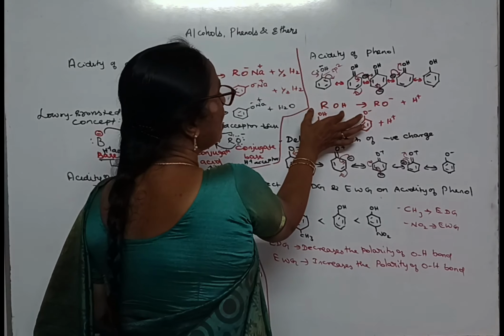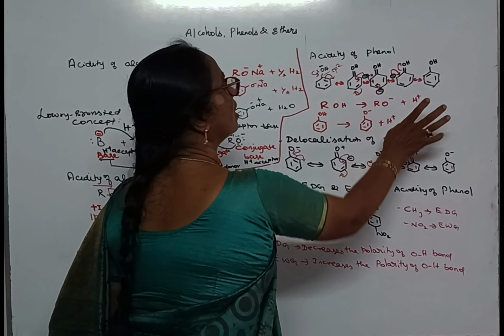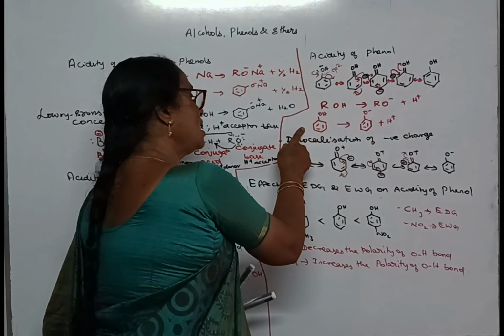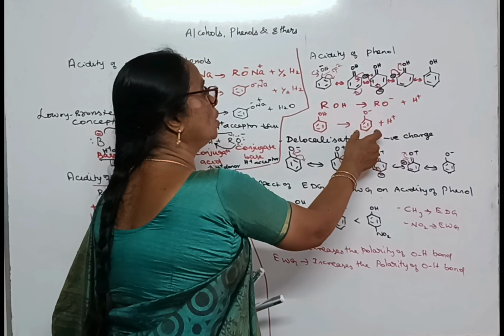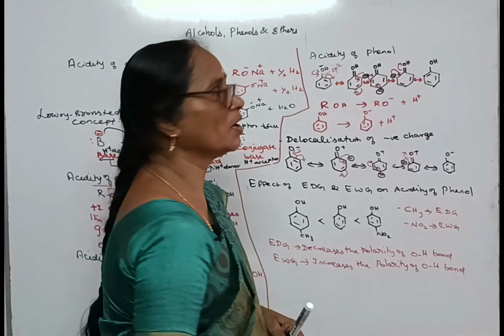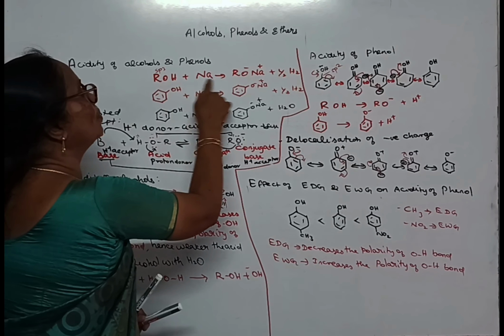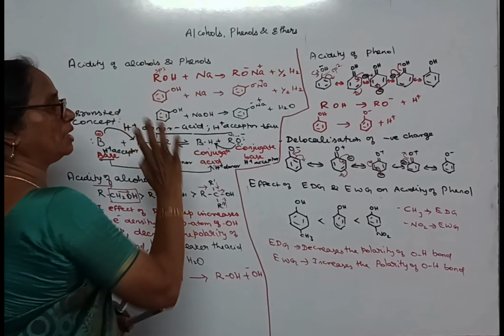Now alcohol may form an alkoxide ion and H plus ion. Similarly, phenol can also lose the proton to form the phenoxide ion. Phenol is stabilized by resonance; alcohol is not stabilized through resonance because of the sp3 carbon.